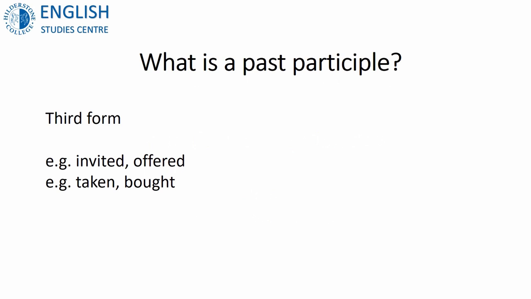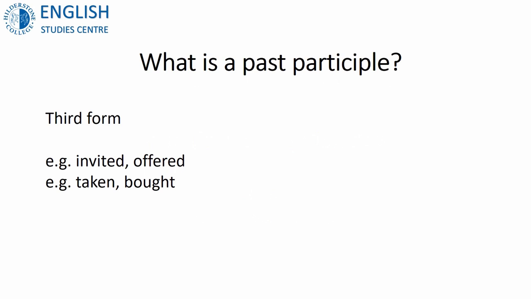With the verb buy, buy is the infinitive, bought is the simple past, bought is also the past participle. That one doesn't change because it's buy, bought, bought. So you'll see different verbs have different patterns. You need to know what the third form is. If it's a regular verb, it's easy because it just ends in ed, as in invited or offered.